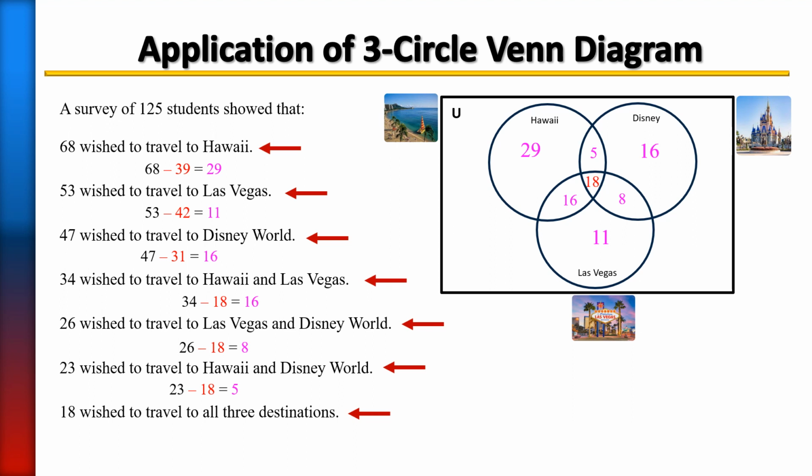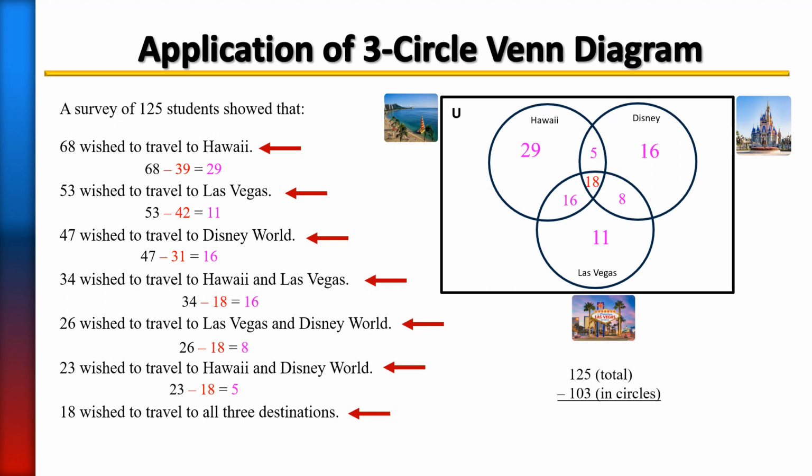So go ahead and do that, and let's see what you get in terms of your total. So recall there were 125 people surveyed. So the people that are in the circles account for how many? If you add it correctly, you should have about 103 people there.